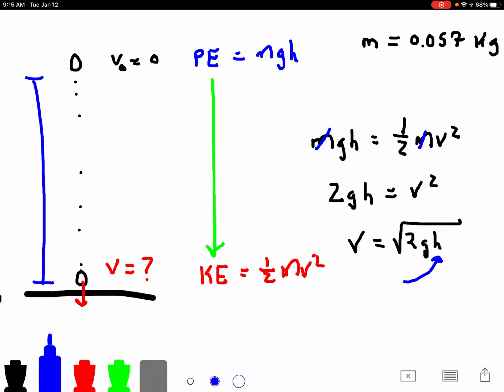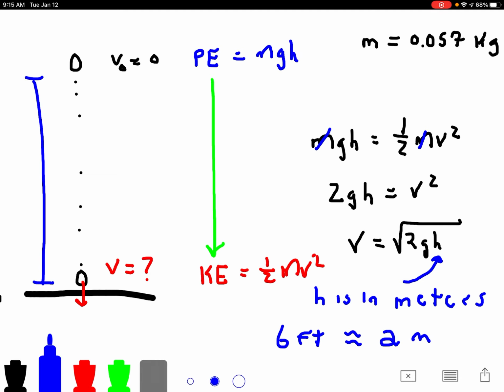The important thing is that h has to be measured in meters. So if you dropped it from 6 feet, that is approximately 2 meters. It does not need to be perfect. It just needs to be in the same ballpark. So estimate what your distance was in meters.